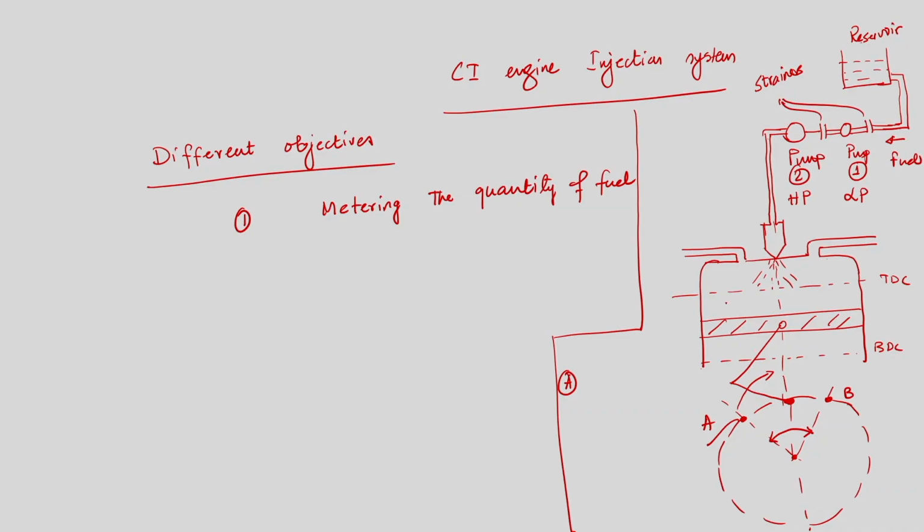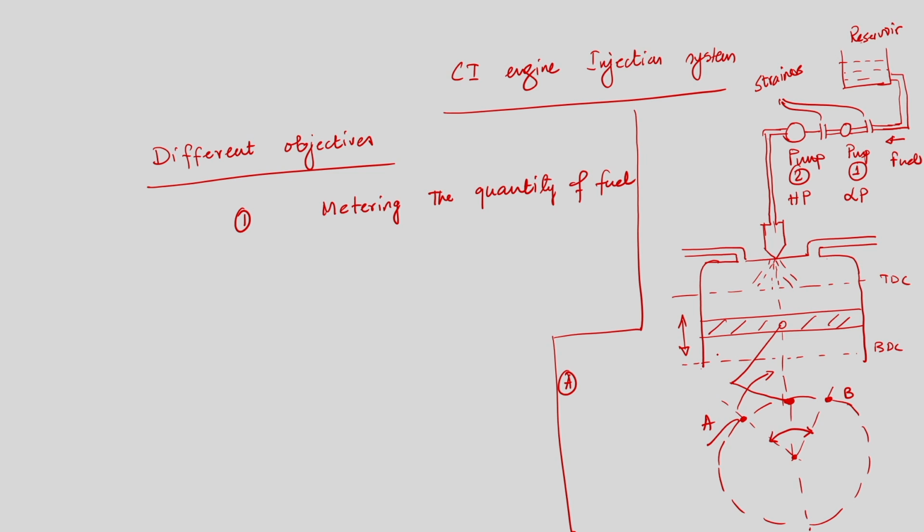Now, if we try to recall, the fuel injection will start so that 50% of the maximum pressure is developed inside the cylinder before the piston reaches TDC. The piston movement is between these two locations, BDC and TDC.